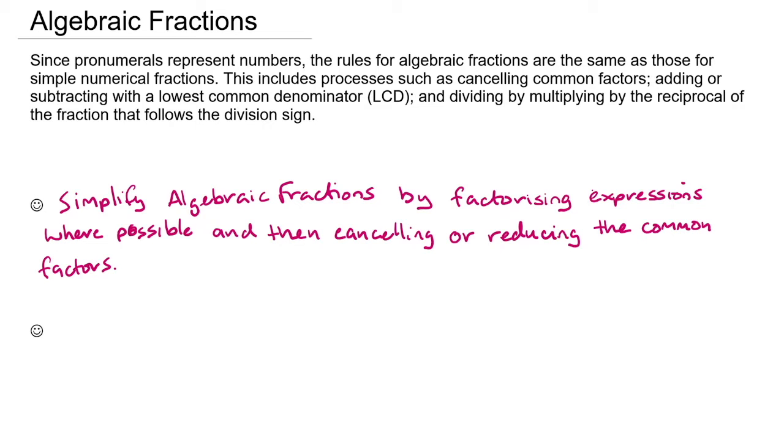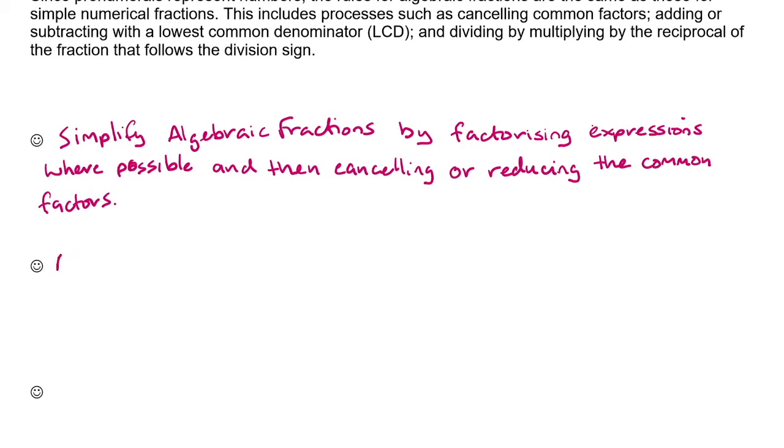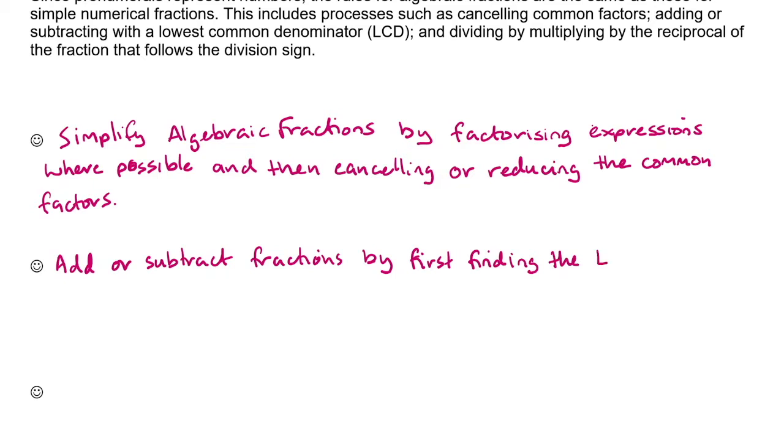One of the other things that we need to know about is addition and subtraction. So we are going to add or subtract any fractions by first finding the lowest common denominator, the LCM.